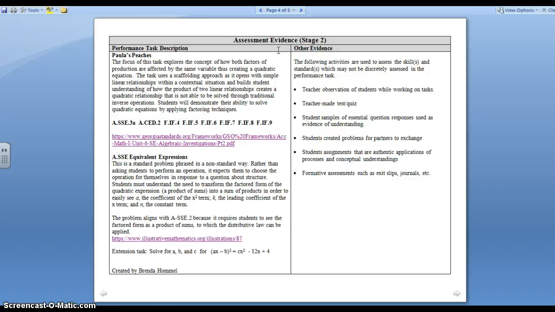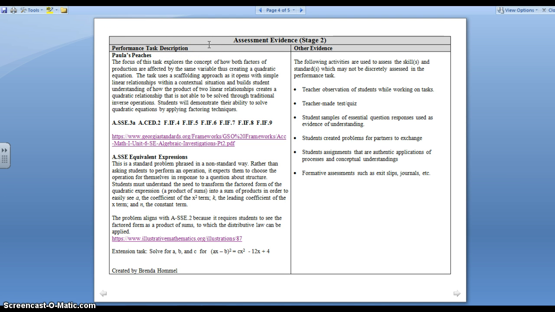A shift of assessment should be made to more open-ended, complex, and authentic tasks and projects. This ensures a more in-depth understanding of the target knowledge and skills has taken place. That is why the first section of the unit in Stage 2 is the performance task section.